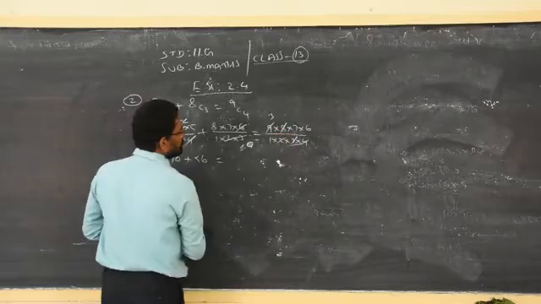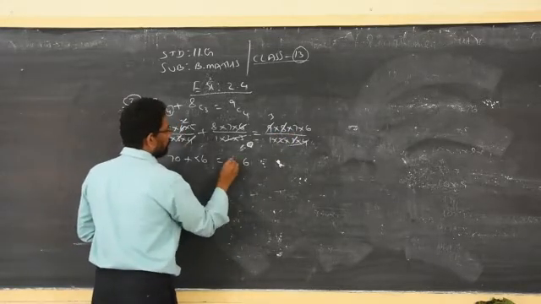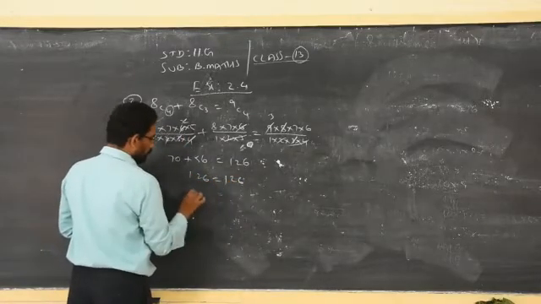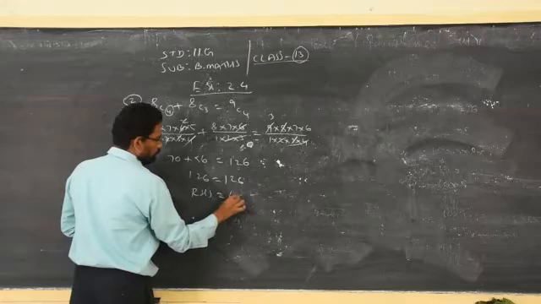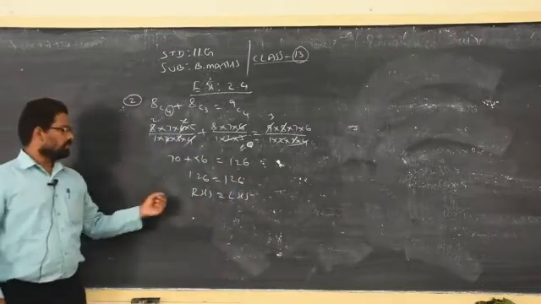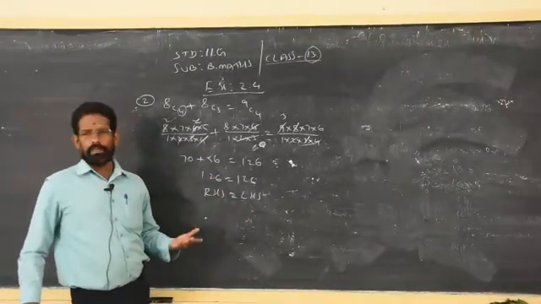So 7 6s are 42, 42 into 3 how much? 126, add 126. See, RHS is equal to LHS. Normal simplification. You just have to prove the left side is equal to the right side. So it is verified. That's the answer.